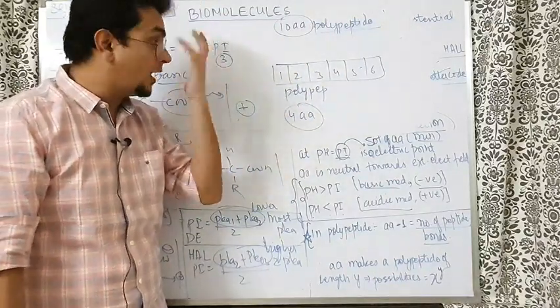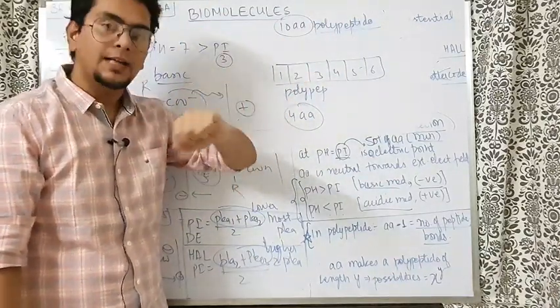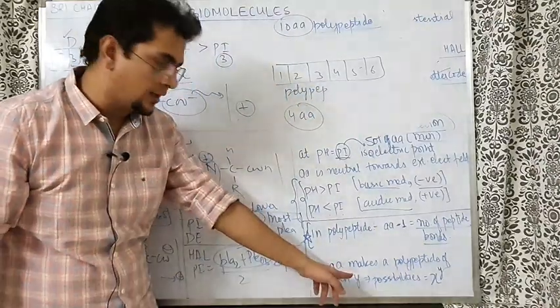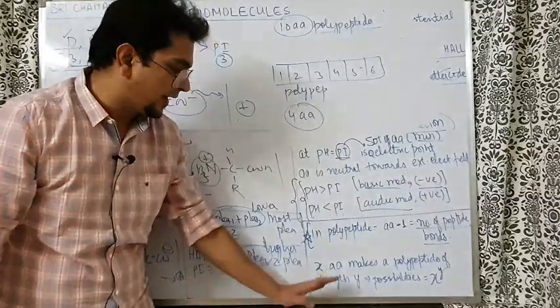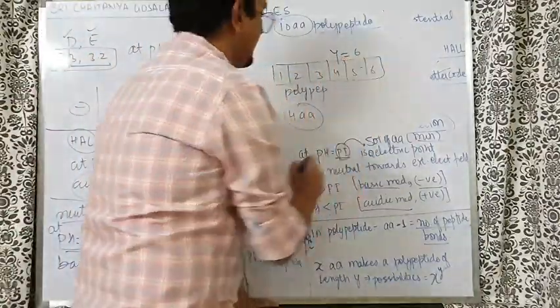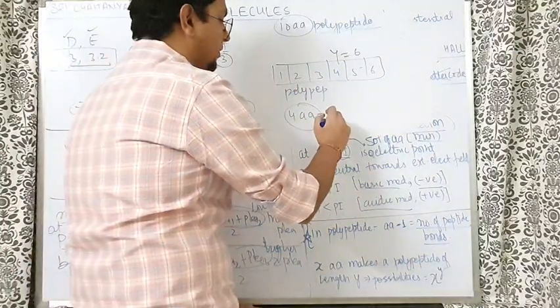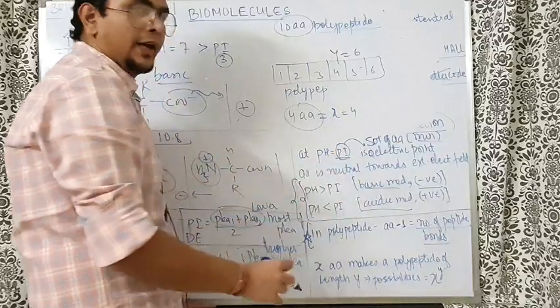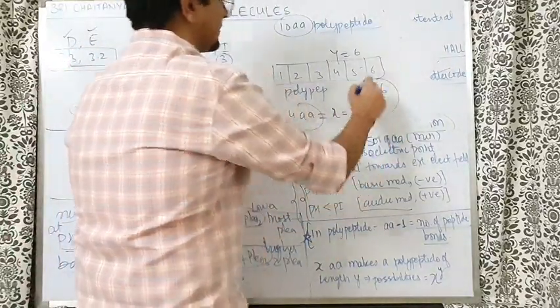Then the question arises: how many types of polypeptide can be made? X amino acids are given, which make a polypeptide of length Y. Here Y equals 6, and 4 amino acids are given, so X equals 4. So total possibilities will be X to the power Y, that is 4 to the power 6.